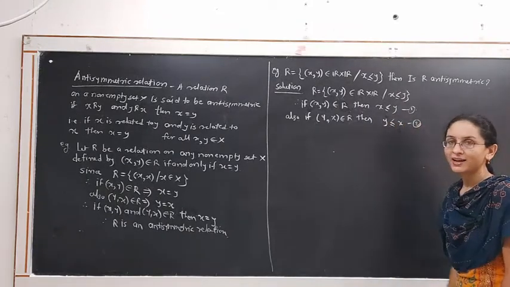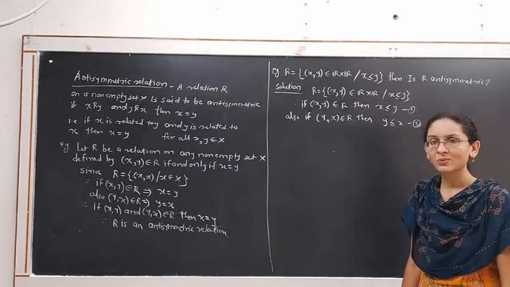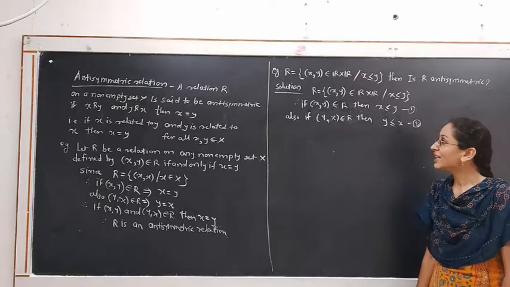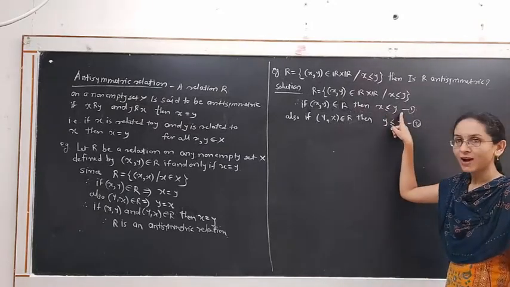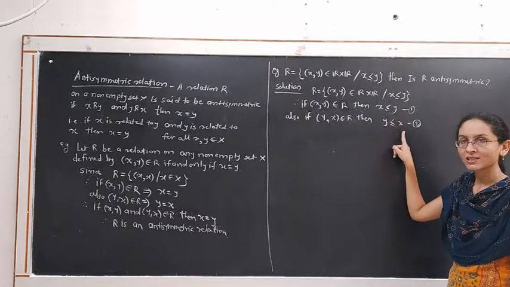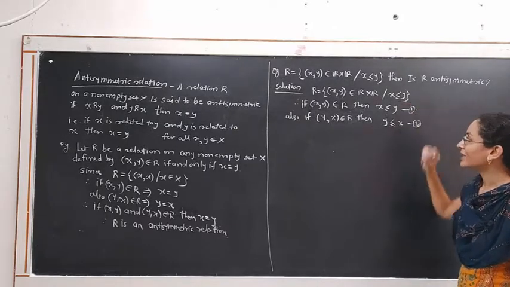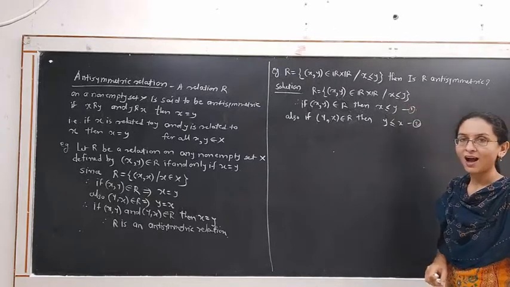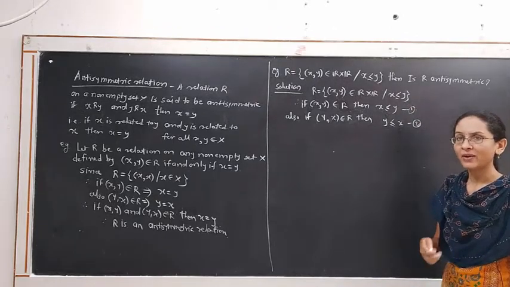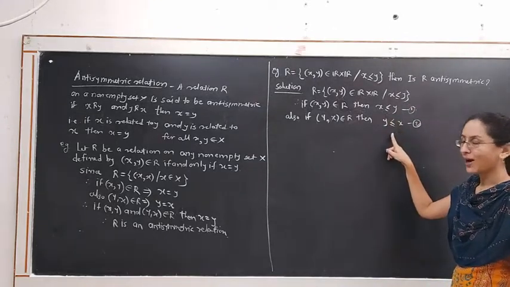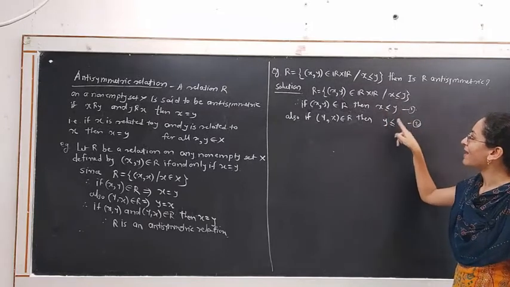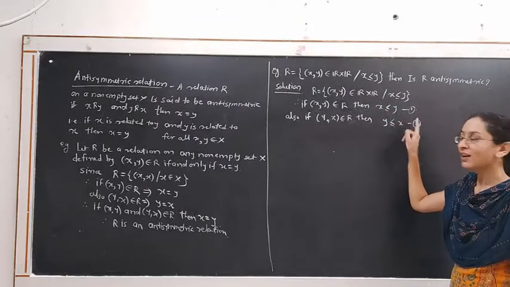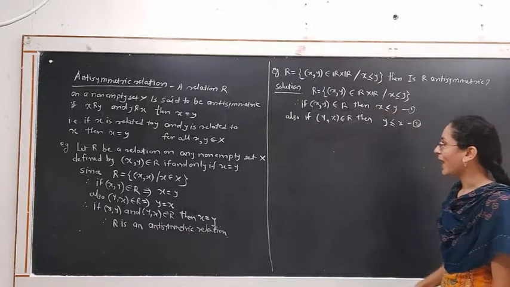This is the second equation. Hence, if (x, y) and (y, x) both belong to R, then we have x less than or equal to y and y less than or equal to x. These two inequalities are true at the same time only when x is equal to y.